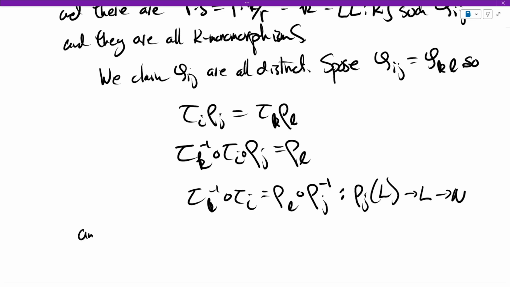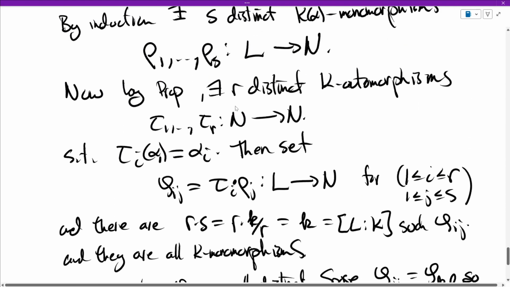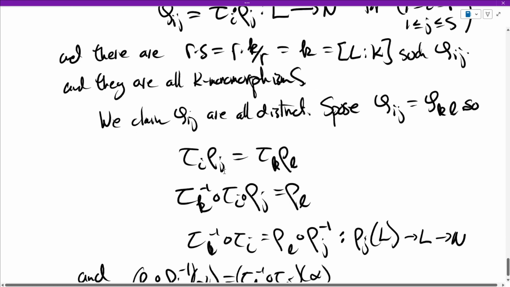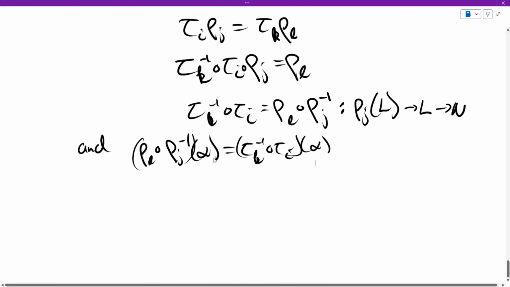And rho l composed rho j inverse of alpha is the same as tau k inverse composed tau I of alpha. But the rhos are K adjoin alpha monomorphisms, so the left-hand side is just alpha.